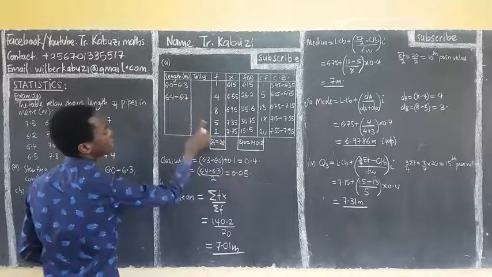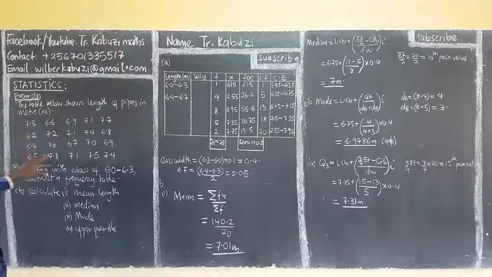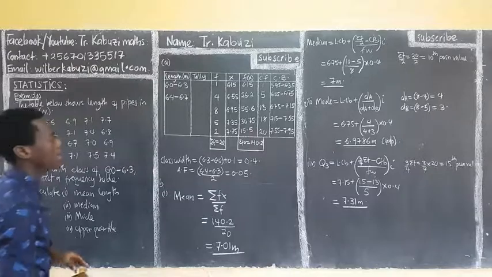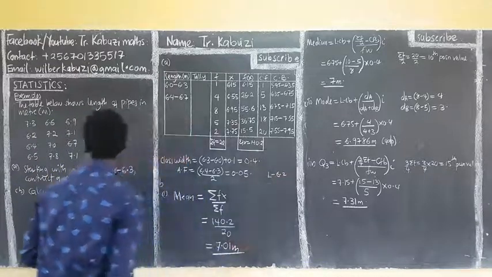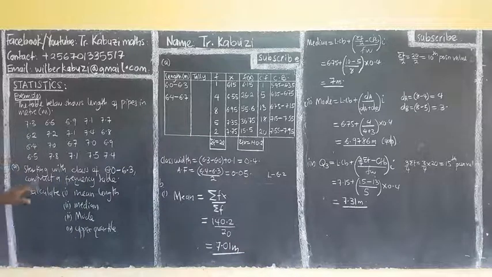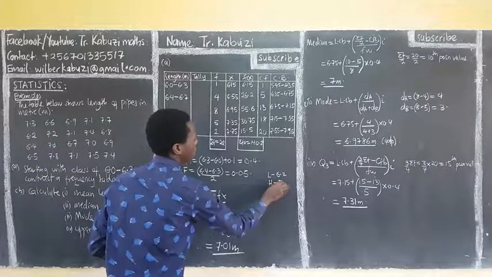Now, my lowest value in this table is 6.2. What about my highest? My highest in this table is 7.8, yes. So my highest value is 7.8.